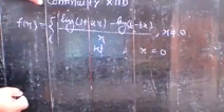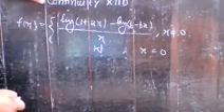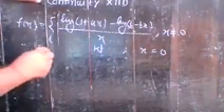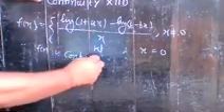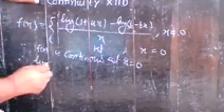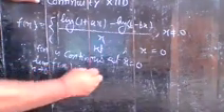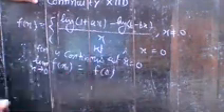So here you have to find the value of k. So how do you solve it? You write, since f(x) is continuous at x is equal to 0, so limit x tends to 0 f(x) is equal to f(0).